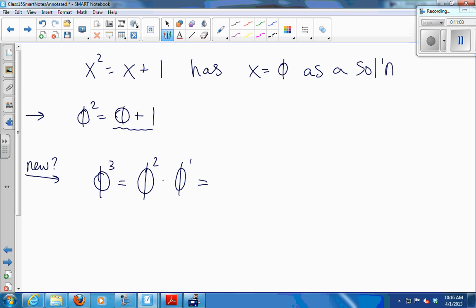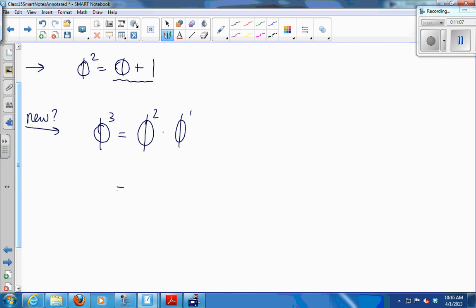So replace phi squared, and maybe I'll do this vertically. I think that'll be clearer. I'm going to replace the phi squared with what it equals, phi plus 1. So I have phi plus 1. Phi squared gets replaced with phi plus 1, and then I still have times phi on the outside here.